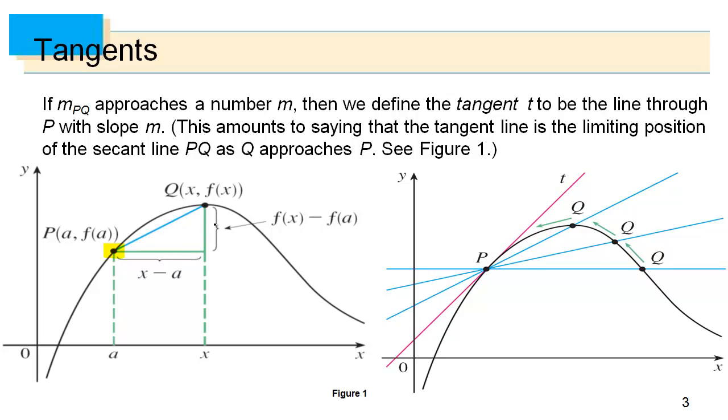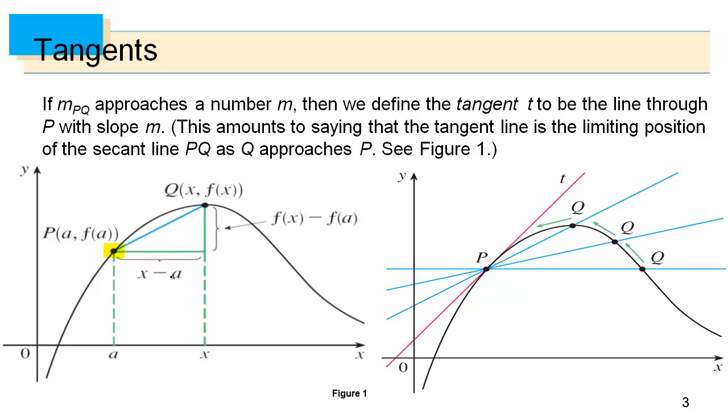Very simple. And basically what happens is we realize that the slope of this line PQ, this blue line, approaches the slope of the tangent line as we move Q closer and closer to P.